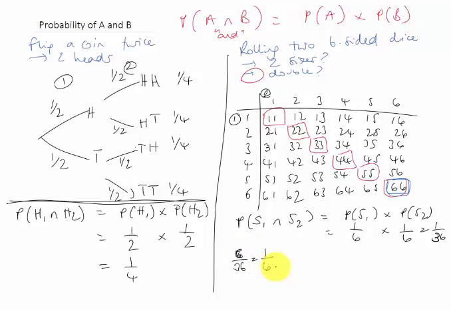So in fact, really what we're looking for here is that the probability of the second roll will be the same as the probability of the first roll.